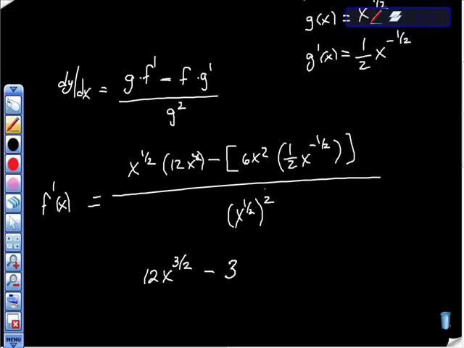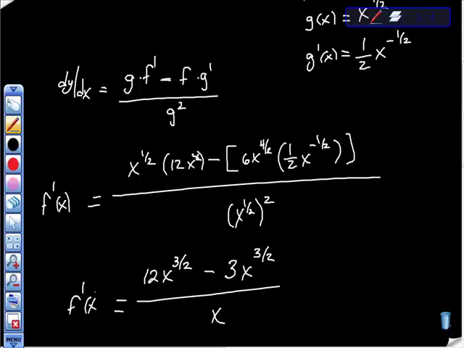So 3x squared times x to the negative 1/2. Because this is squared, it's the 4/2, so 4/2 plus negative 1/2 is 3/2. So also 3x to the 3/2, all over, and a square root squared is just itself. If I square a square root, the radical goes away.